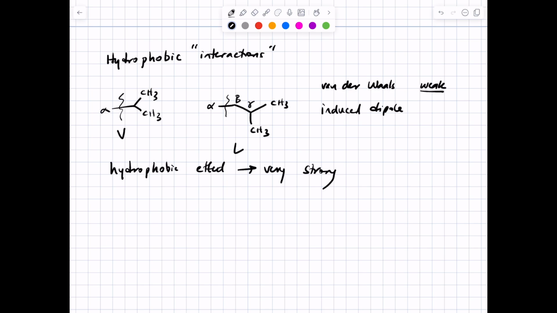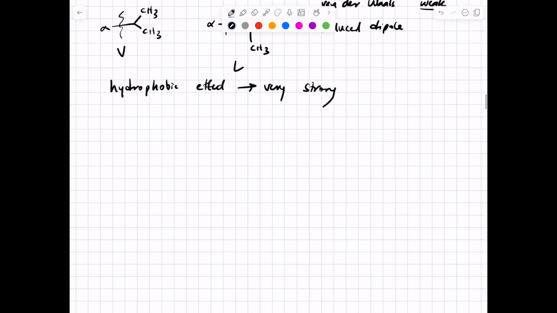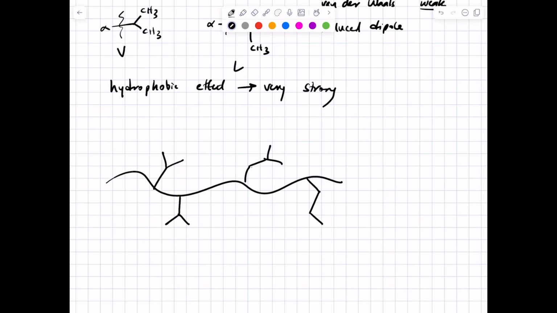The basic idea in the hydrophobic effect, if we could just make this really quick and simple, is imagine a protein with a bunch of nonpolar groups and they're all exposed to water. When nonpolar surface area is exposed to water, it does something interesting to the structure of water. You learned about this in 351.